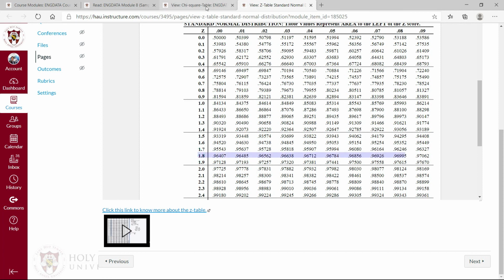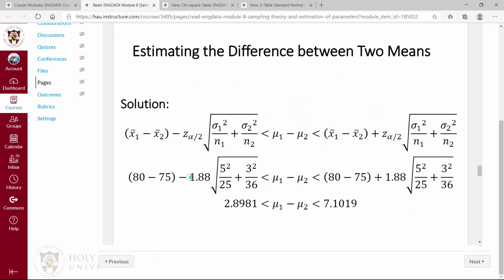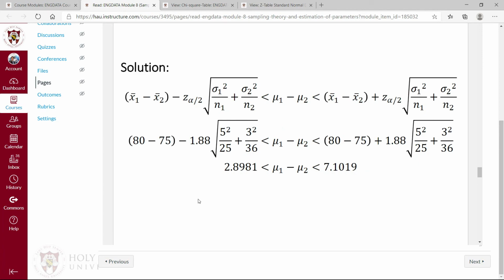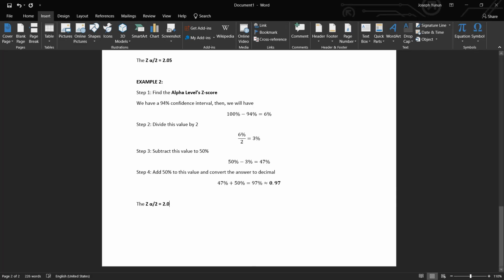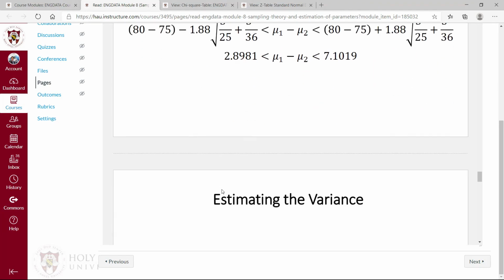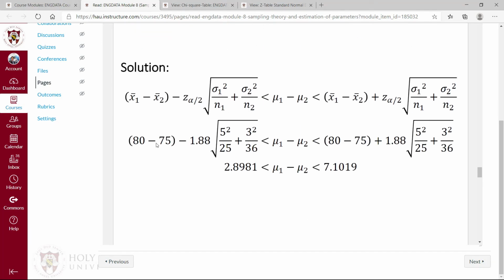That's how we computed the alpha level z score, 1.88. Hope that this will be clear to you. Then simplifying those equations, you'll have the lower limit and upper limit between the two means.